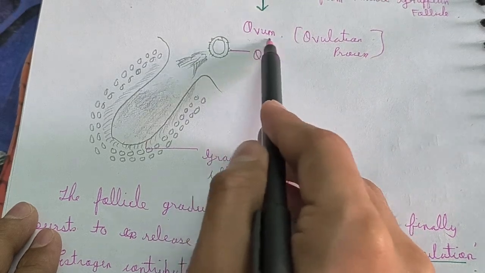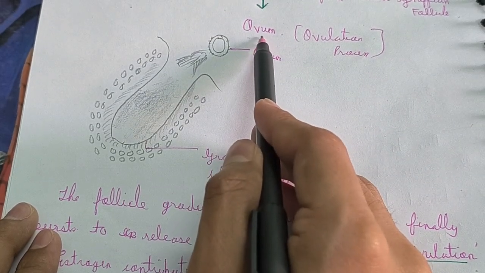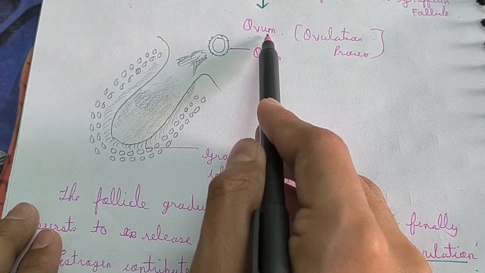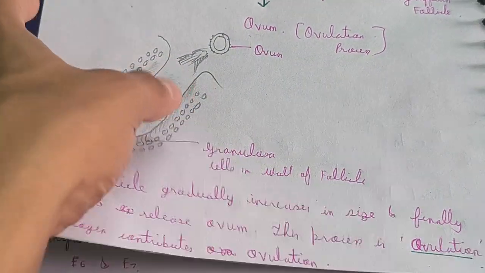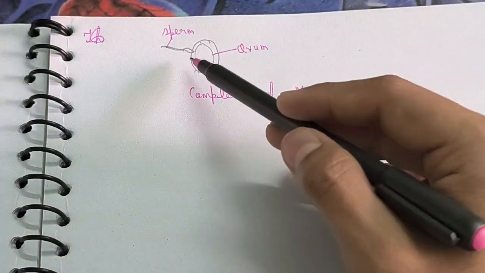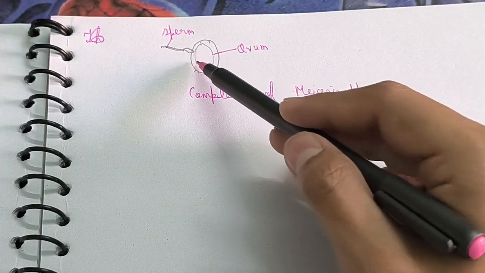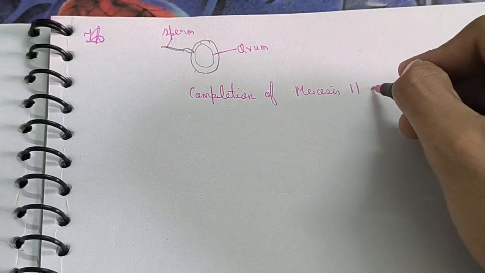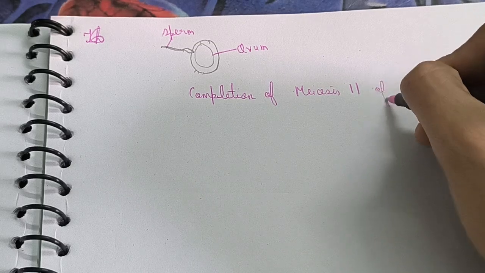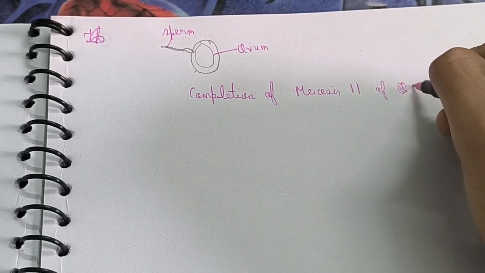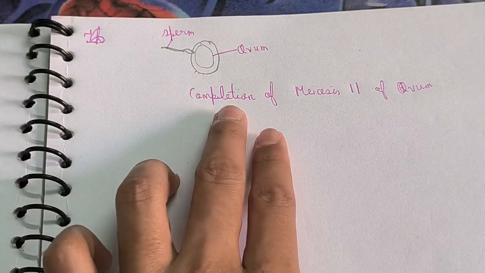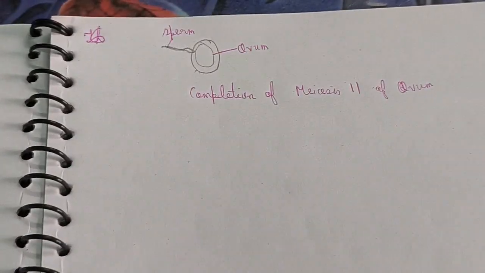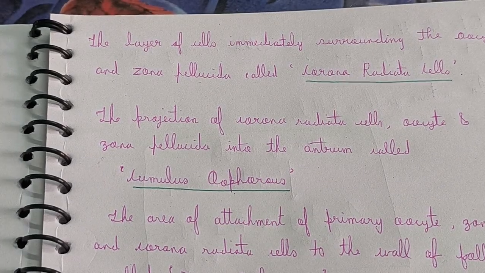This ovum remains at the second meiosis and does not complete it until sperm comes in contact with the ovum. Only when sperm and ovum come in contact with each other does the completion of the second meiosis of the ovum occur. That's all about oogenesis.